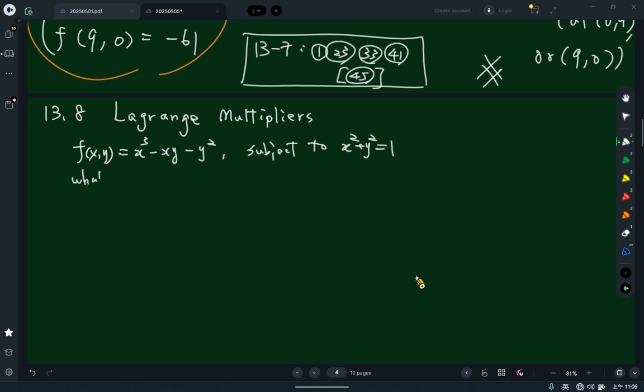Then what's the maxima value? What's the maxima value? What's the minima value?